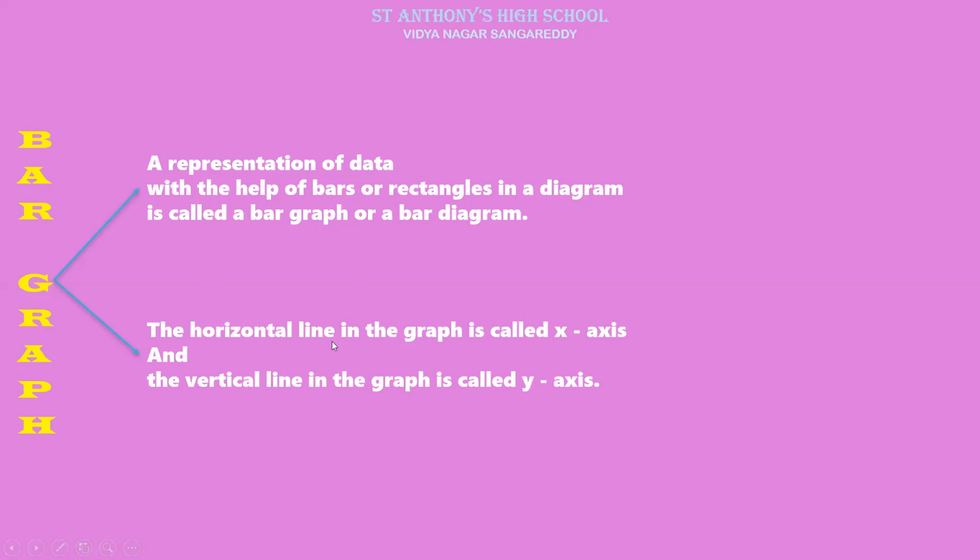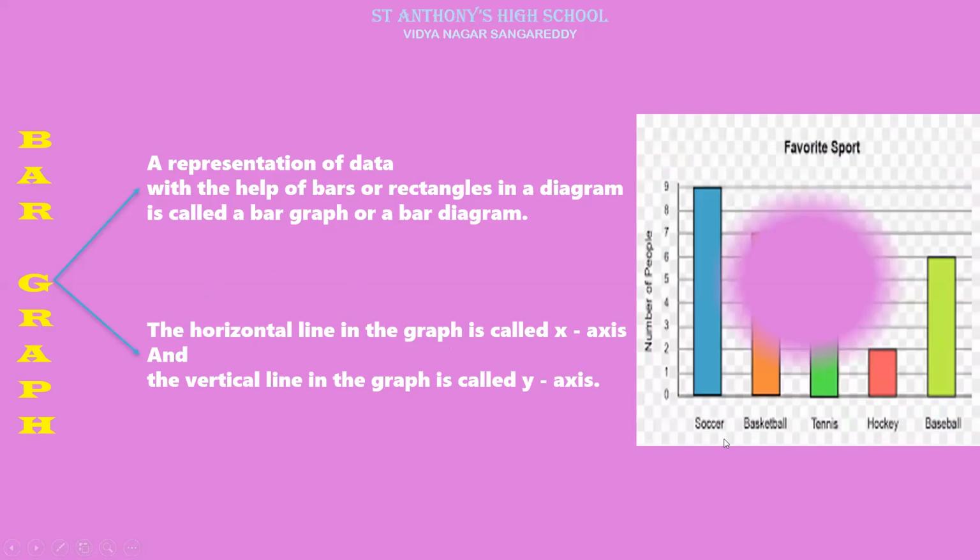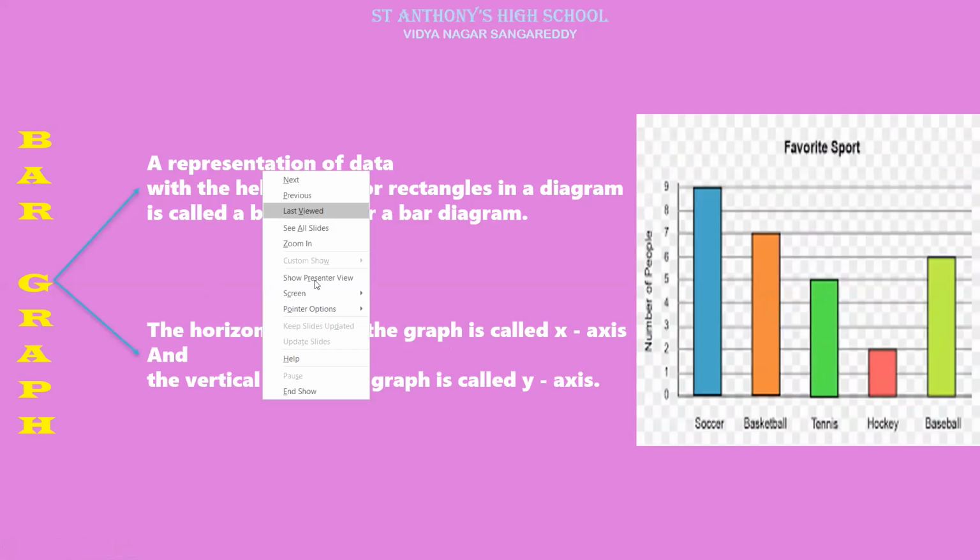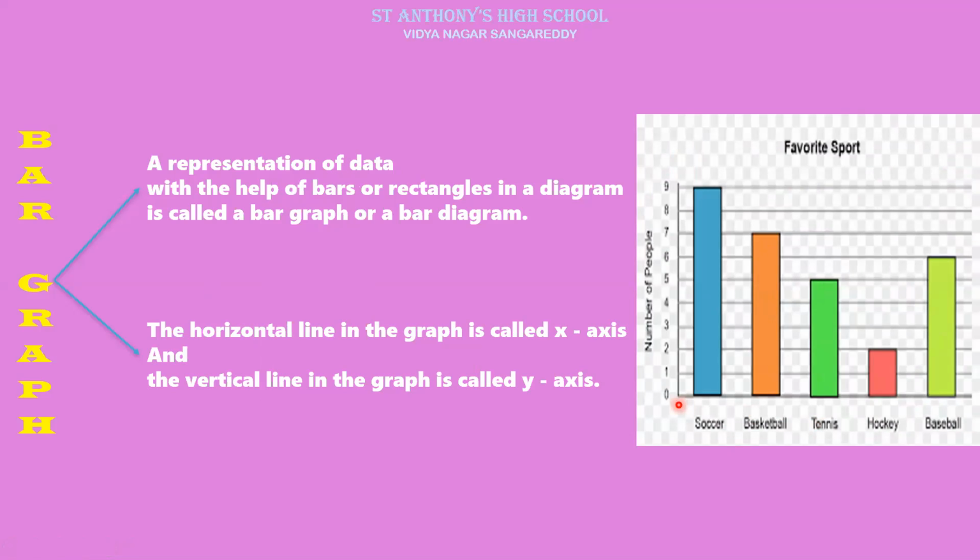If you observe this, this is a horizontal line, the x-axis, and this is the vertical line, the y-axis.